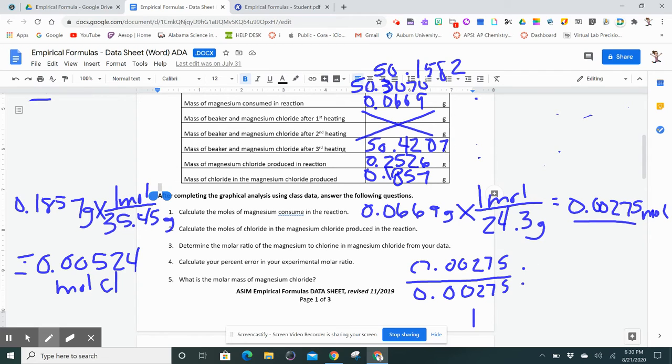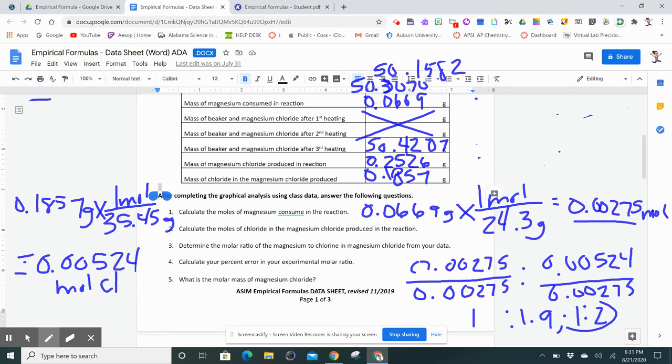And then our other one is 0.00524 divided by 0.00275. We get 1.9. So our ratio is 1 to 1.9, which is pretty much 1 to 2. So our mole ratio is 1 to 2.